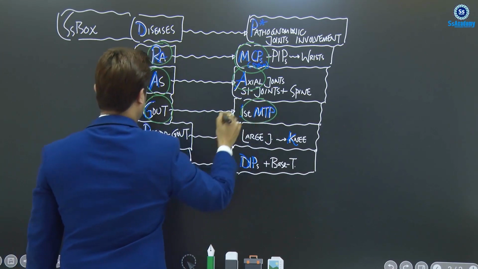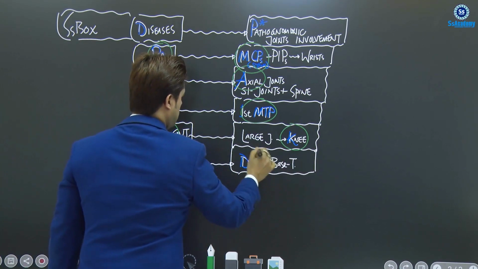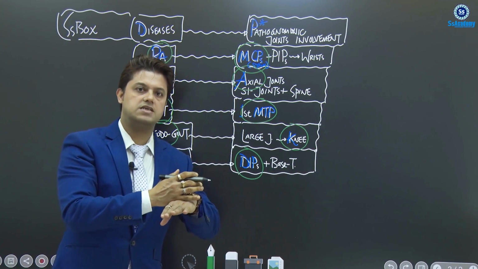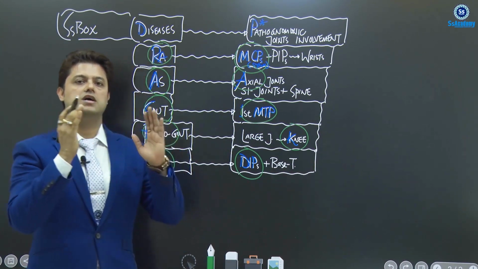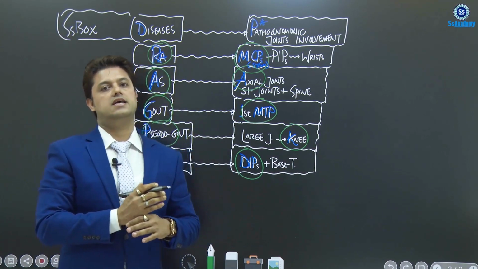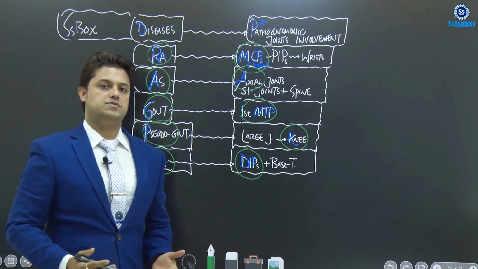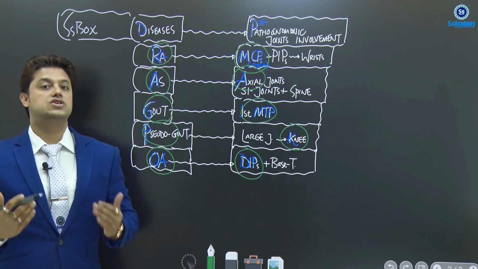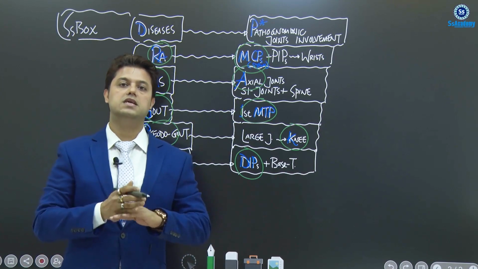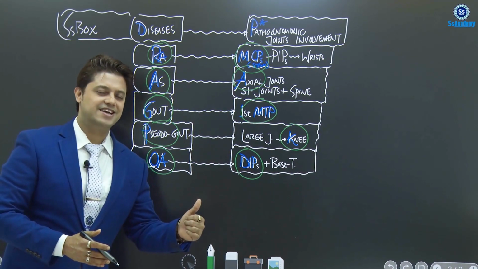Gout, the first MTP, the first metatarsophalangeal joint. Pseudogout, the knee joint, you need to remember. And osteoarthritis, the DIPs, you need to remember. I hope that, my dear, knowing the facts, you will do your best. Thank you very much.